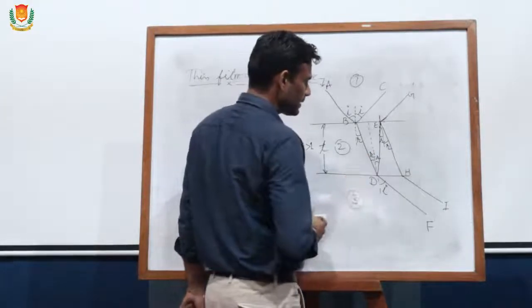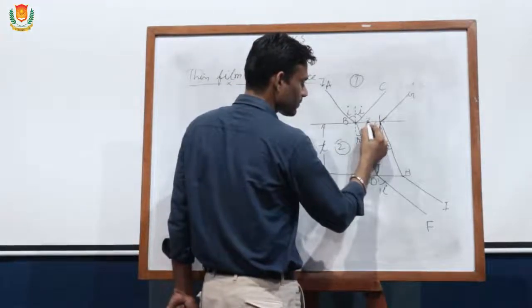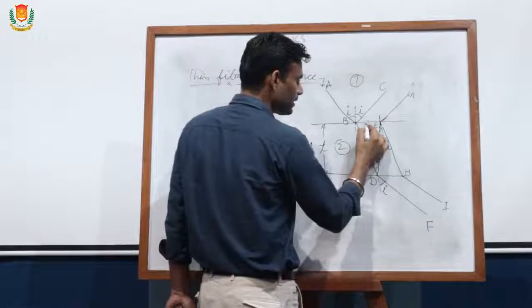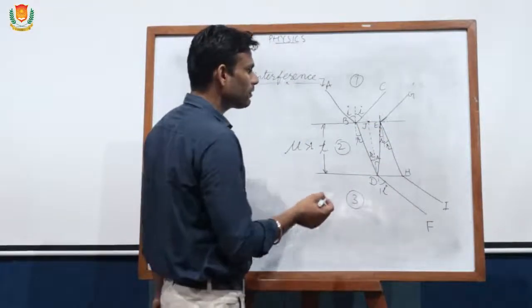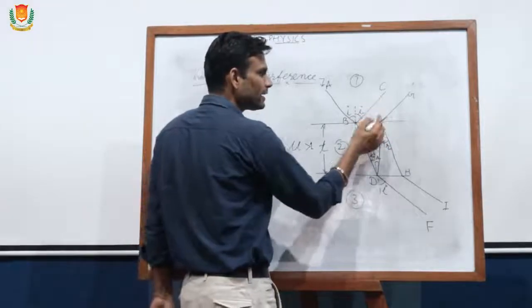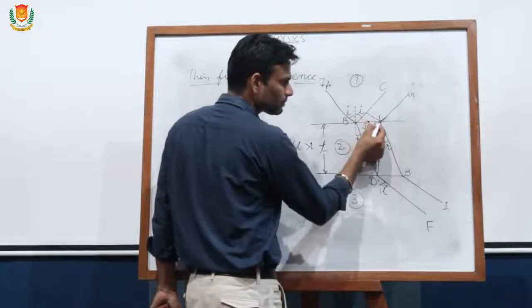Suppose it is point J, and we will again draw a normal from point E to point BC. This is the normal.